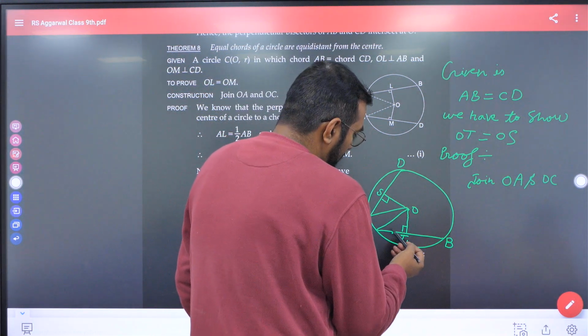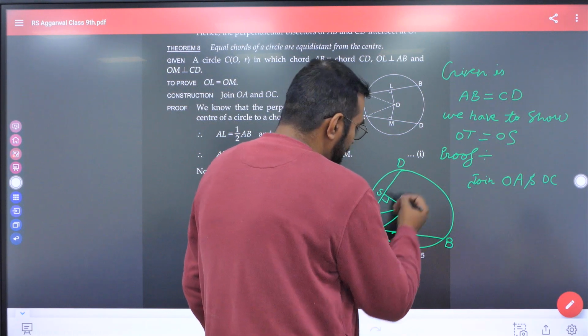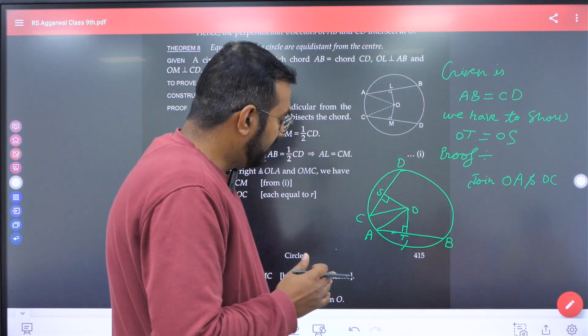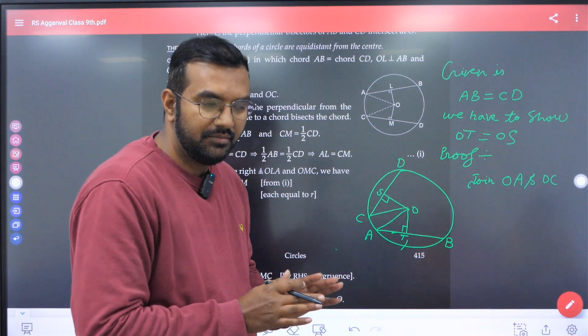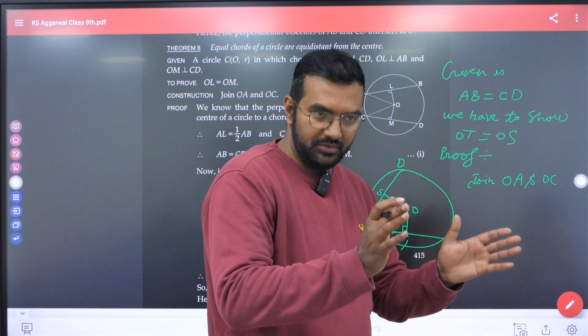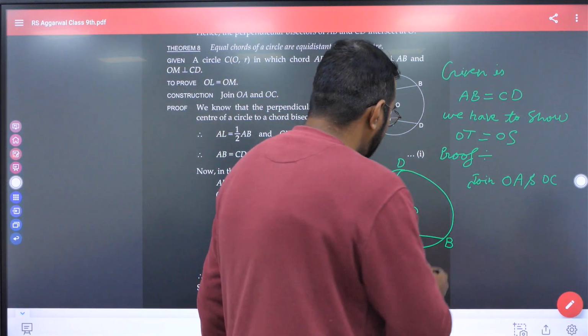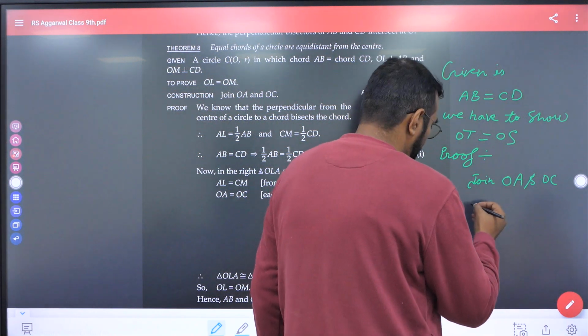But it is given that AB is equal to CD, then half of the AB will equal half of the CD, because if two things are equal then their half will also be equal. So let me write it here also.